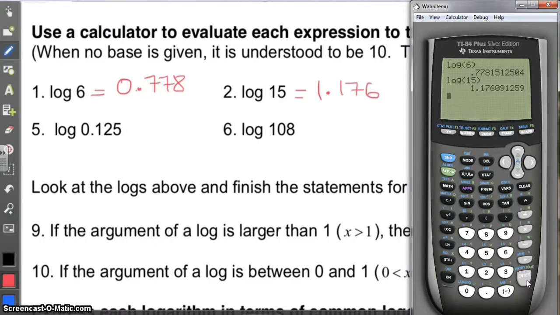Log of 0.125. As you can see, this is pretty simple. So I want you to go ahead, go faster than me, and try to find the rest of this from 1 up till 8. So log of 0.125 is negative 0.903.